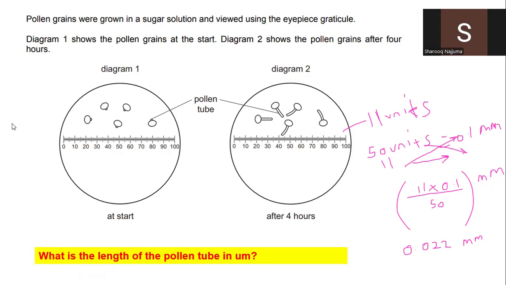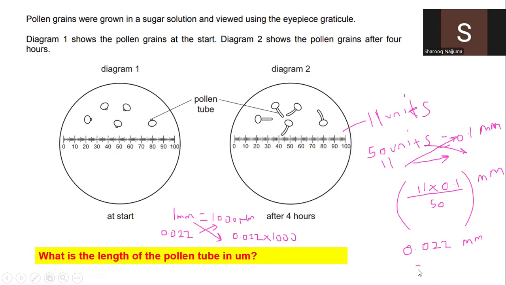And we already know that 1 millimeter is equivalent to 1,000 micrometers. So how about my 0.022? You just have to cross multiply still, so that you have 0.022 times 1,000.